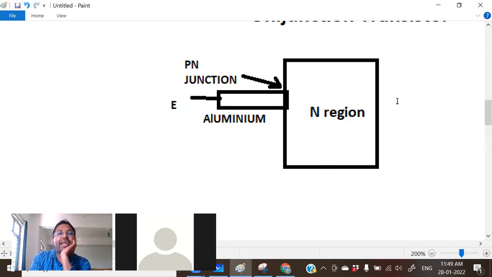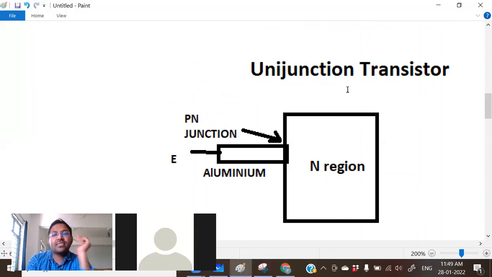And it has two base regions. See, a bipolar junction transistor has emitter, base, collector. This is a unijunction transistor. It has only emitter and base, no collector.